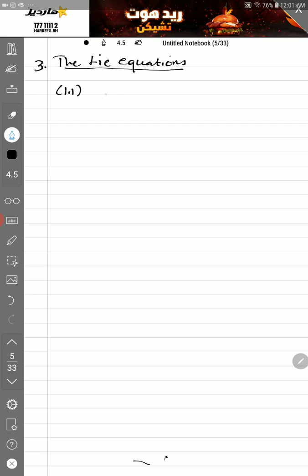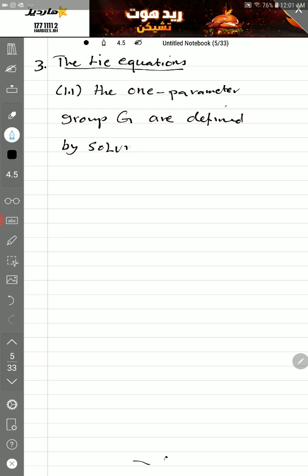The one-parameter group G is defined by solving the Lie equations. What are the Lie equations?